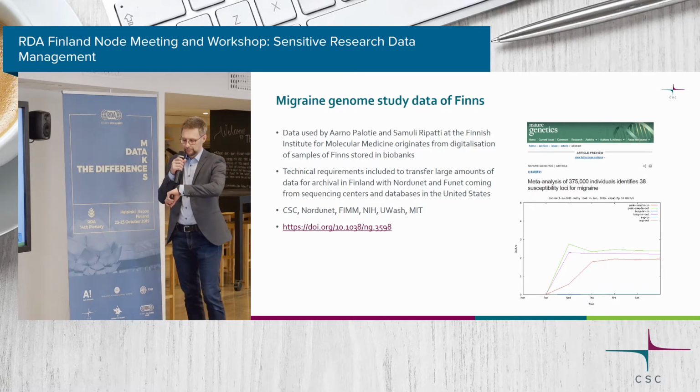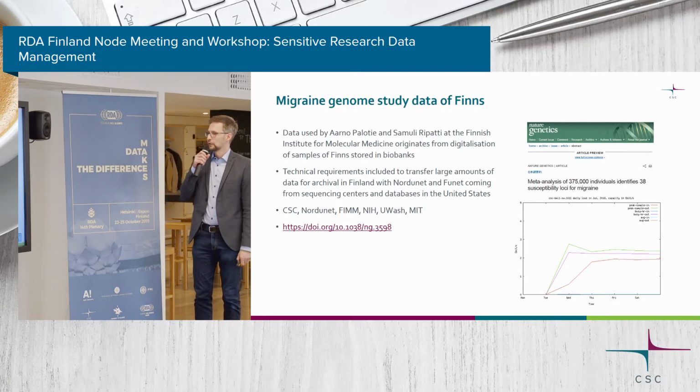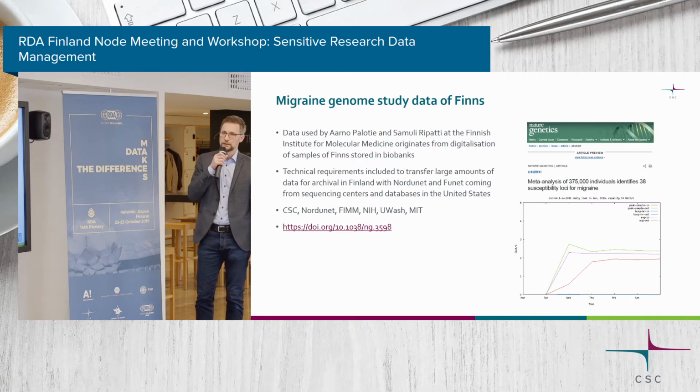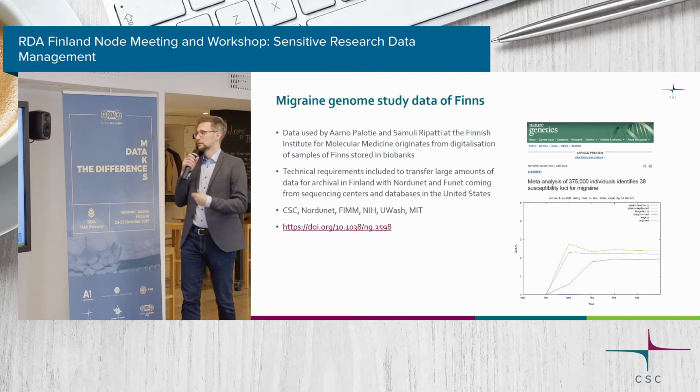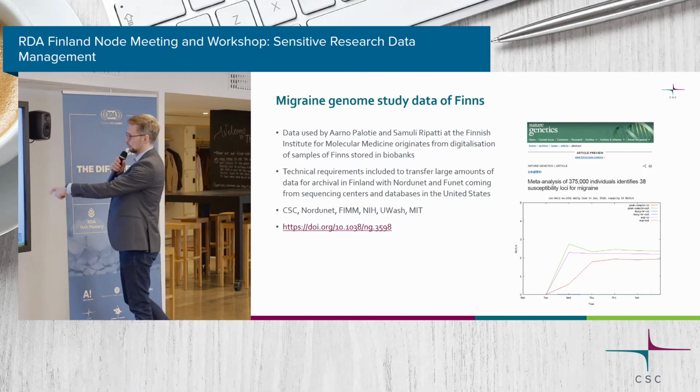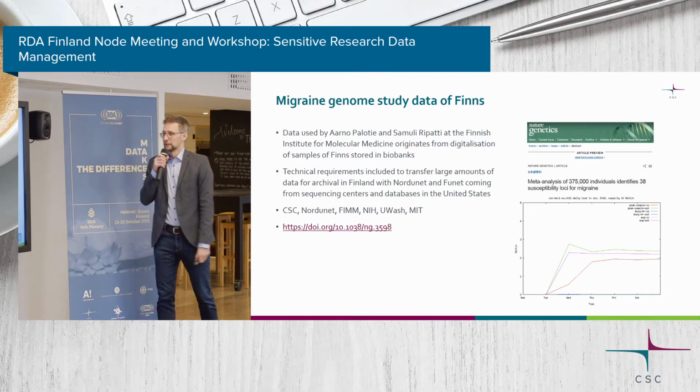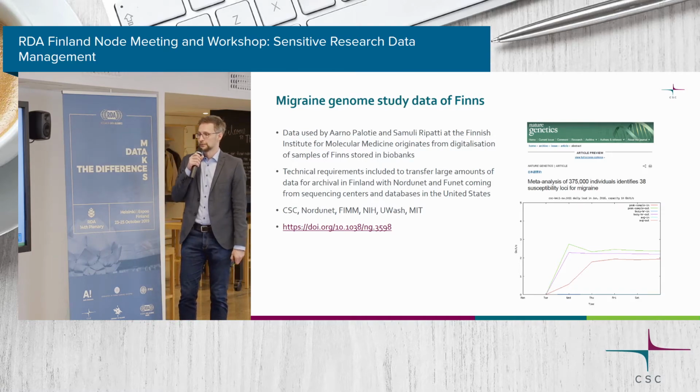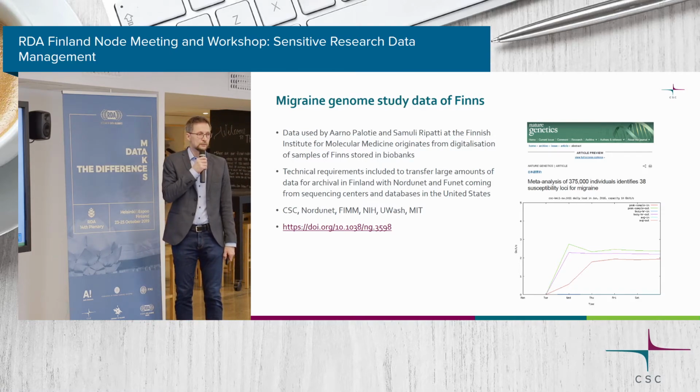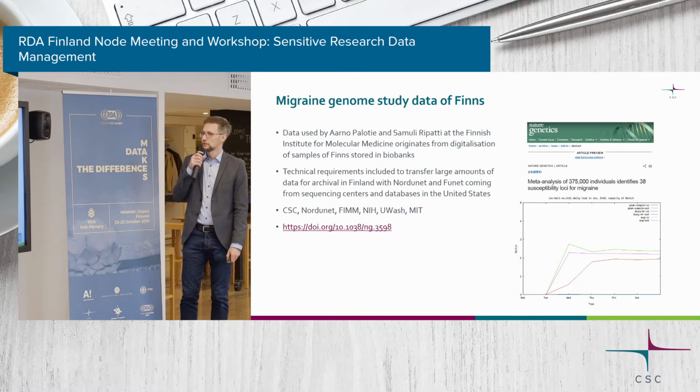Well, a brief example of what has been done with this data that CSC is currently hosting is a study published in Nature Genetics on meta-analysis of a lot of individuals, and the topic is migraine and what the genomic risks are to develop that kind of condition.